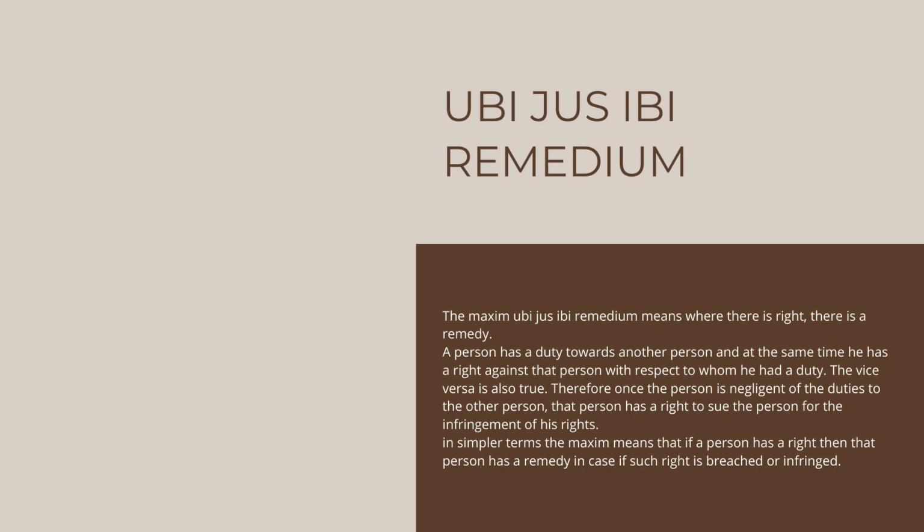So, in simpler terms, the maxim means that if a person has a right, then that person has a remedy in case such right is breached or infringed. This is how ubi jus ibi remedium works.